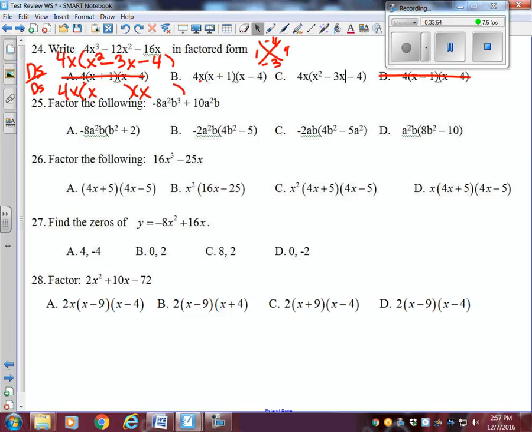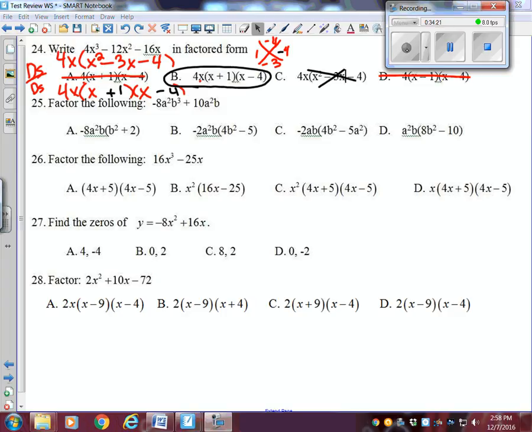The sign of the middle term matches the sign of the bigger number, so I need a negative 4 and a positive 1. Negative 4, positive 1. I believe we've narrowed it to B. Letter C is not completely factored, so that's why C is not a good answer.